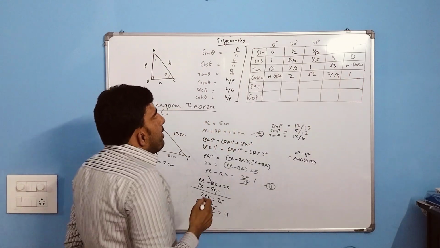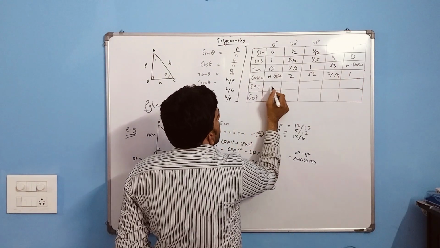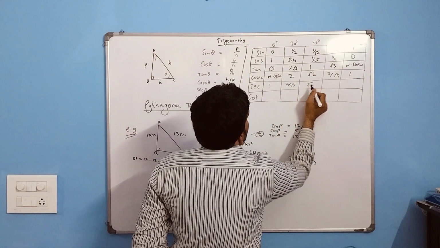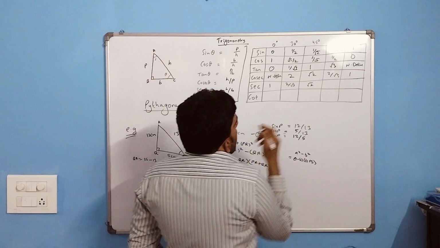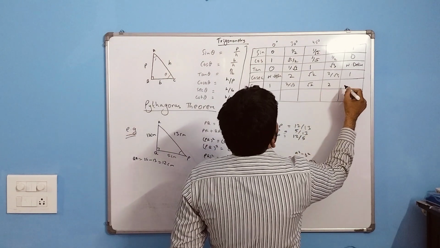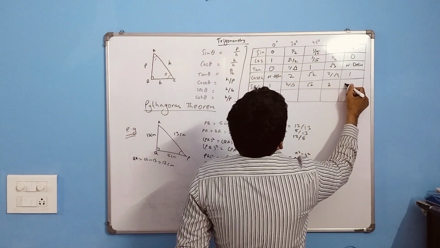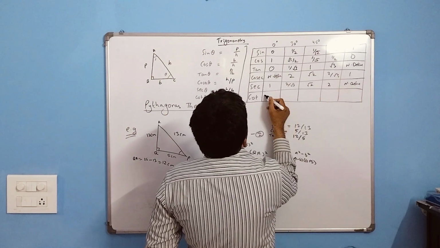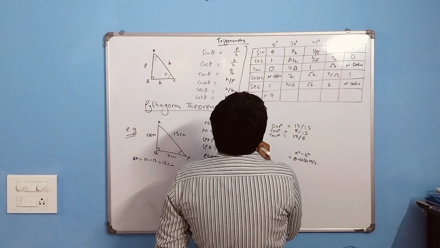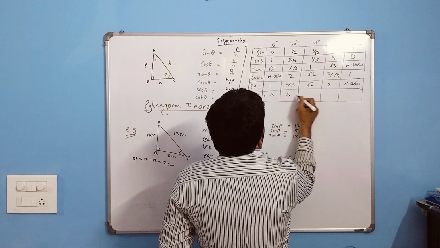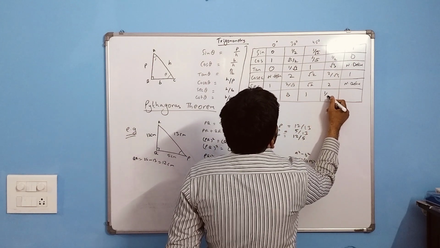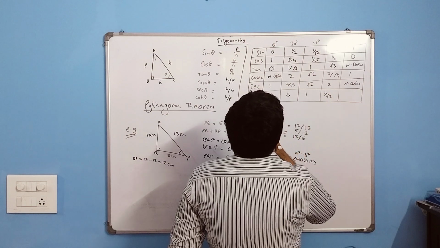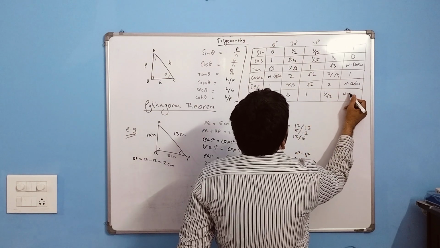Now sec: 1, 2 upon root 3, root 2, 2, and for 90 it is not defined. Now cot: not defined, root 3, 1, 1 upon root 3, and 0.